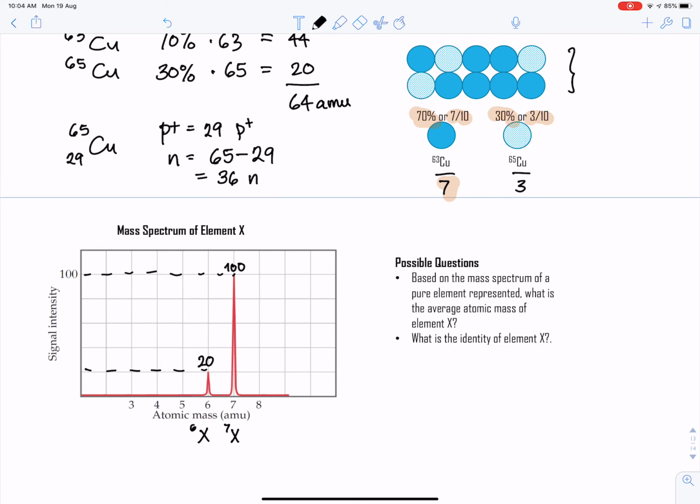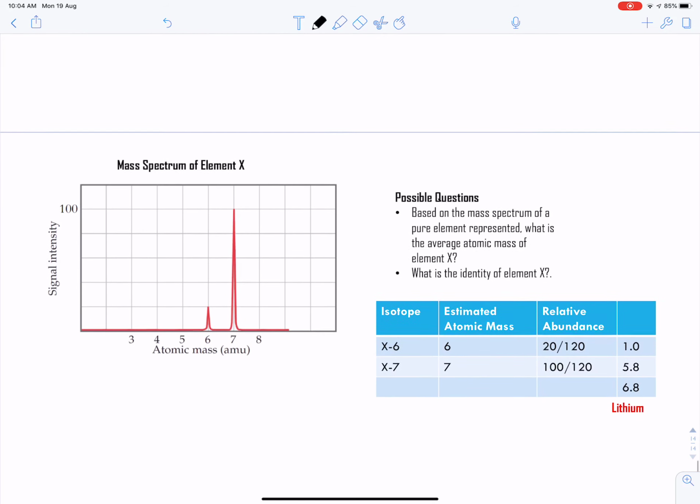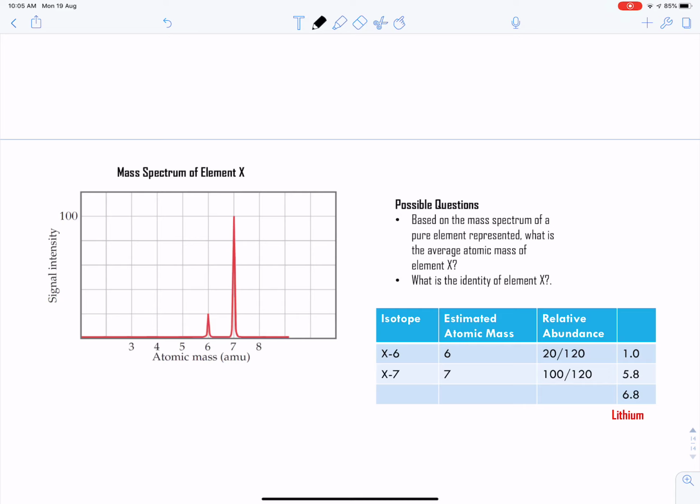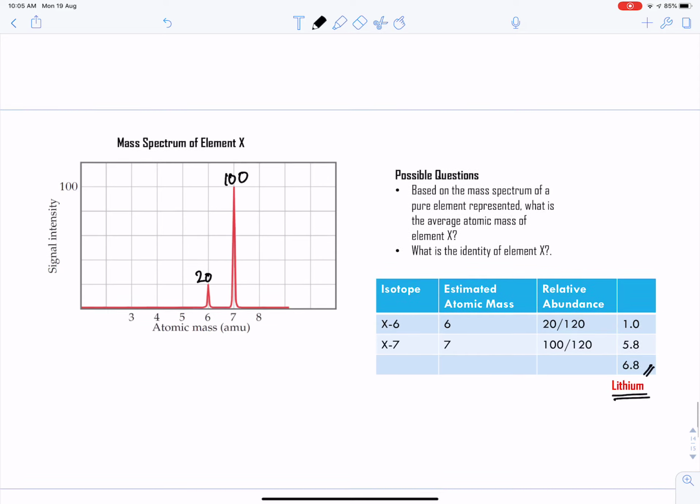So what you do is like this. We write the X-6, and we write the estimated atomic mass. We'll look at the relative abundance. You see 20 over 120, because this is 20, this is 100. They don't add up to 100, so we get the fraction. 20 over 120, and 100 over 120, and that's when you multiply. And we get 6.8. And the closest to 6.8 will be lithium.